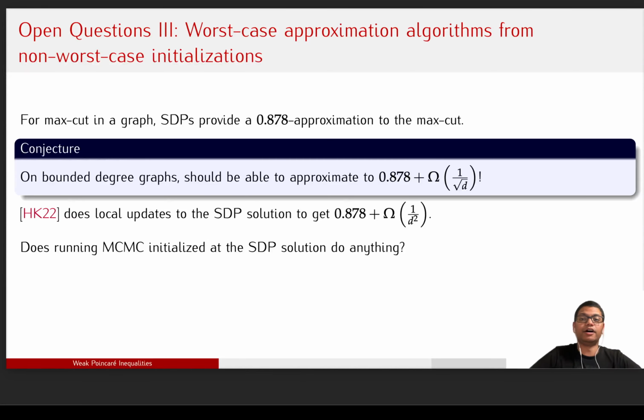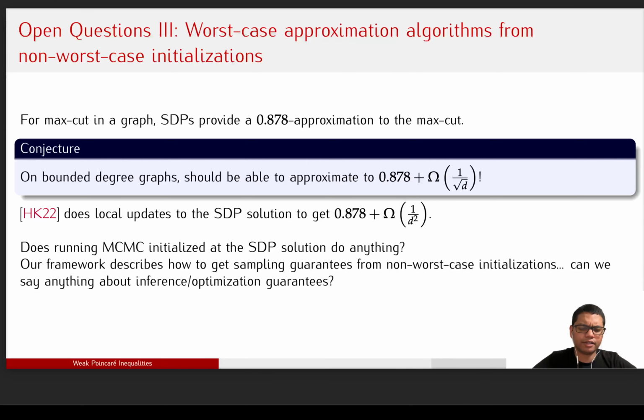Now, running annealing with the cut being the objective function seems like a natural principled way to perform local updates to improve the solution. So the question I have here is whether running MCMC initialized at the SDP solution actually lets you get this 1 over root d advantage.